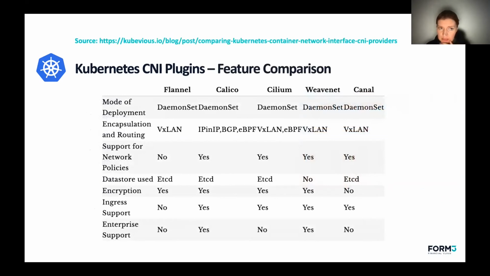As you've seen during my demo, I've used Cilium there. Cilium has this feature of creating a cluster mesh and providing global services. That's why we decided to use Cilium.